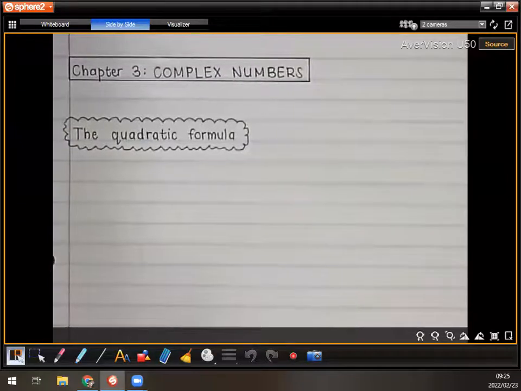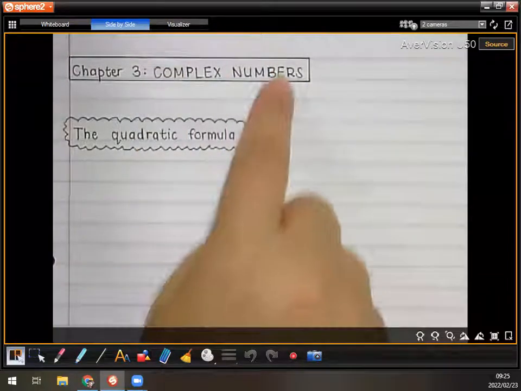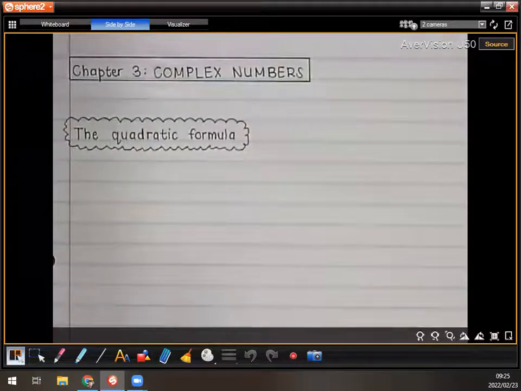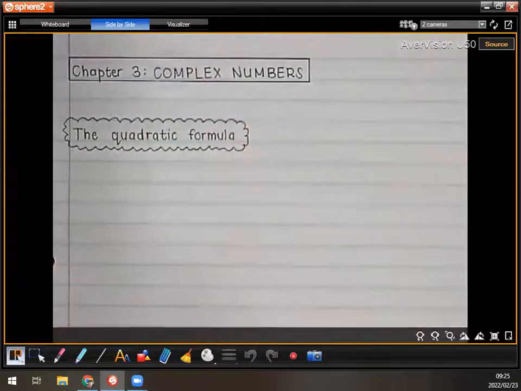The square root of a negative number is actually an imaginary number. So in core, you only ever work with real numbers. In AP, we're going to work with complex numbers, which is a bigger set than real numbers. Complex numbers include real and imaginary numbers.